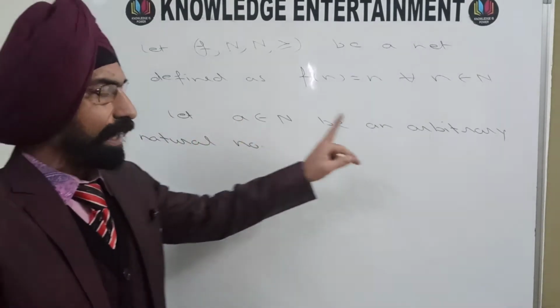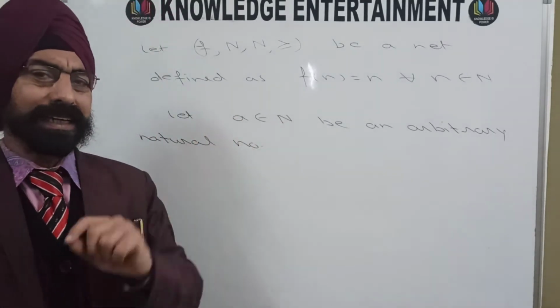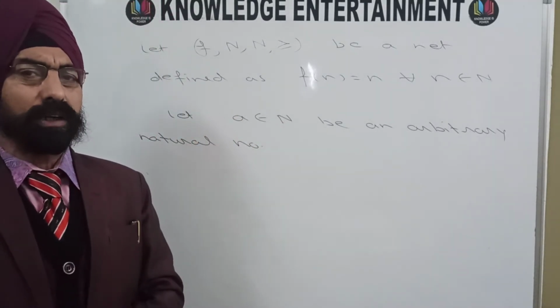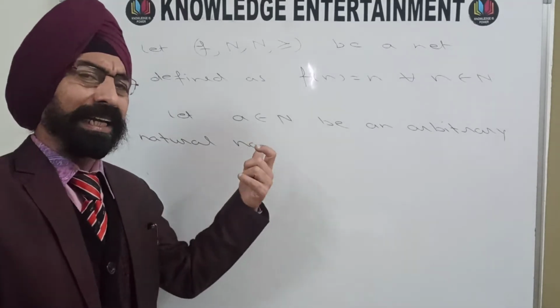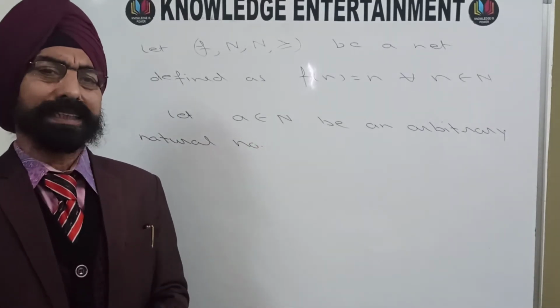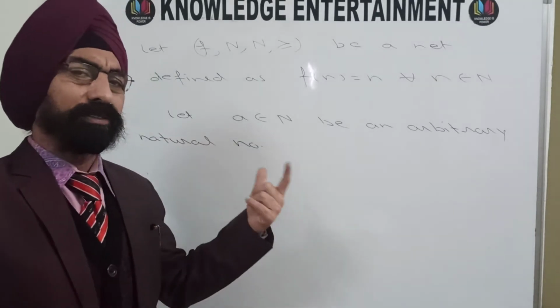And since a is arbitrary, if a is not a cluster point, that means no natural number is a cluster point of this set. Not only natural number, you can take any real number here. So no real number is a cluster point of this net.